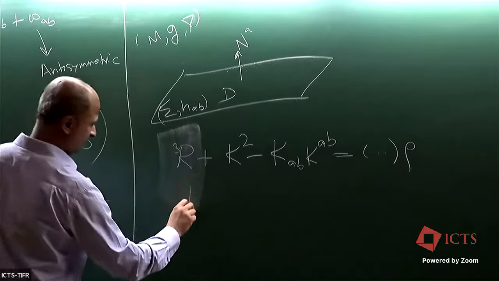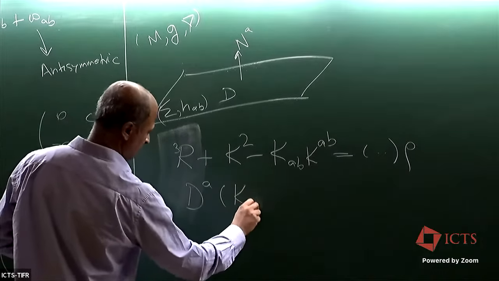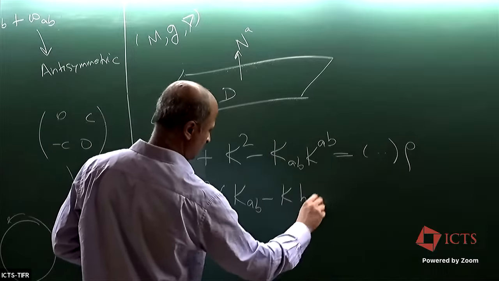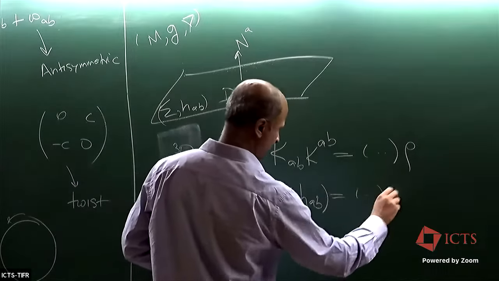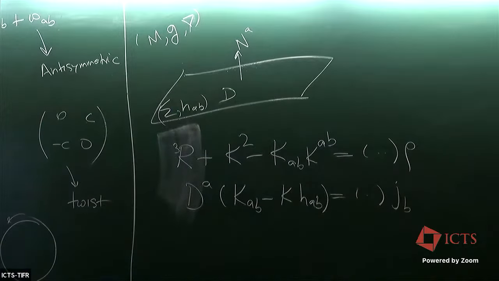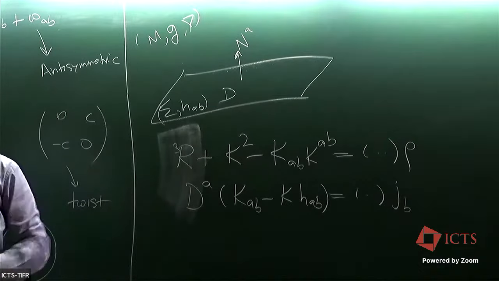And the other one is the momentum constraint. I mean, the signs may be wrong. Doesn't matter, we'll set them to 0 anyway for what we do today.